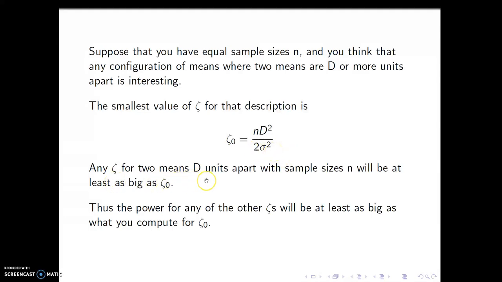So for any two means that have that distance d, with sample sizes n, that effect will be at least that value. Thus, the power for any other values of your non-centrality parameter will be at least as big as what you have computed for this particular quantity here.